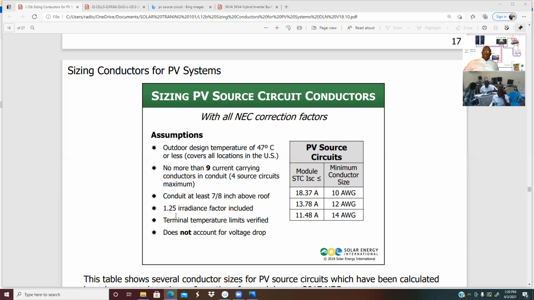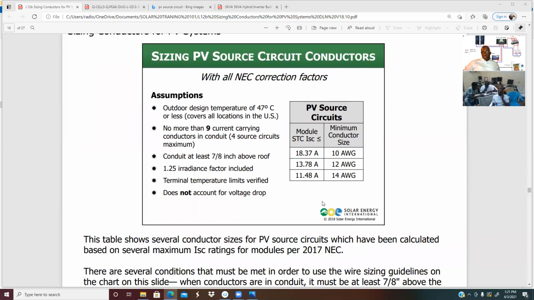So 14 for a minimum size will be a good recommendation. 14 will do good. So for our irradiance of 300, the recommended minimum conductor size for that 380 watts PV model Q cells will be 14 AWG.